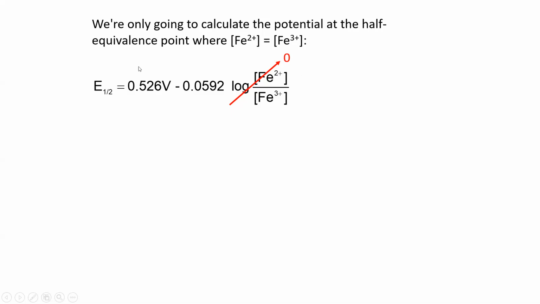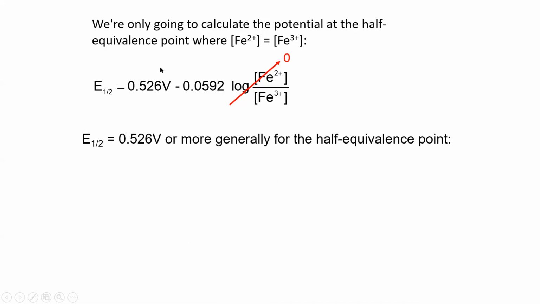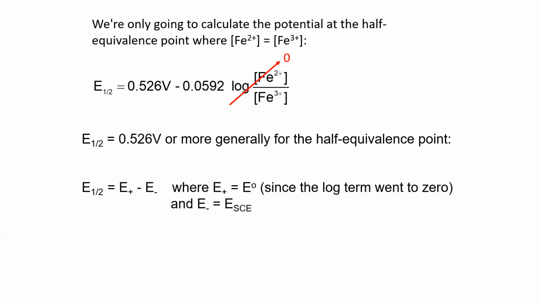So this takes care of this, and your half potential will be given by that. So E half of this value is for the half equivalence point, and we can subtract the standard calomel electrode. But in this case, your E positive is equal to the E naught, because we said the log term is 0. So your E half will now be E positive minus E negative.